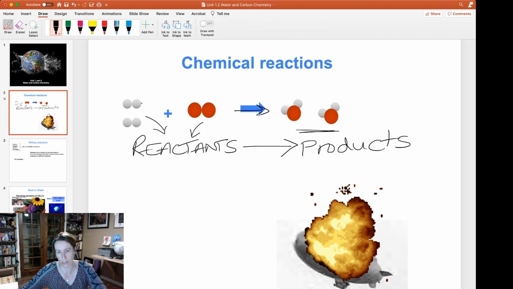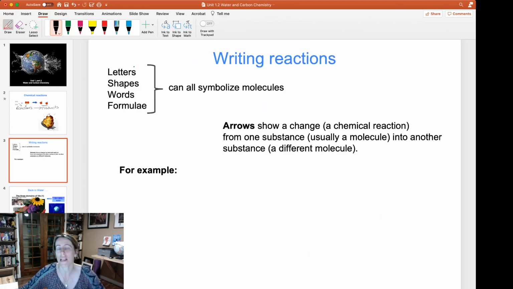Reactants turn into products. Okay, now how we write examples in chemistry and biology, there are many different ways that we can symbolize substances, molecules usually. We can use letters, shapes, words, and formulae, all these things. But basically, we always use an arrow to indicate when we're changing from one thing to another thing.